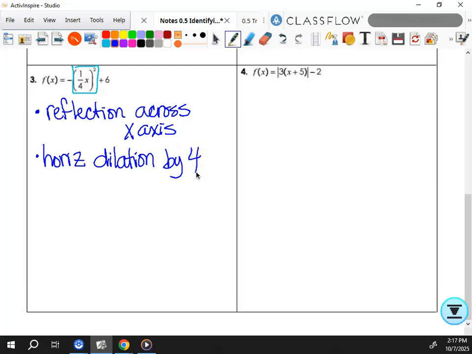You take the reciprocal. Okay, because x is a liar. And then a vertical translation by 6. Okay. She says what?